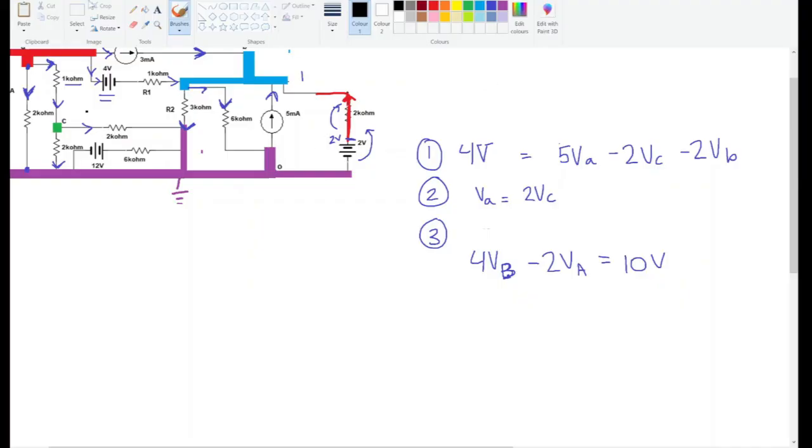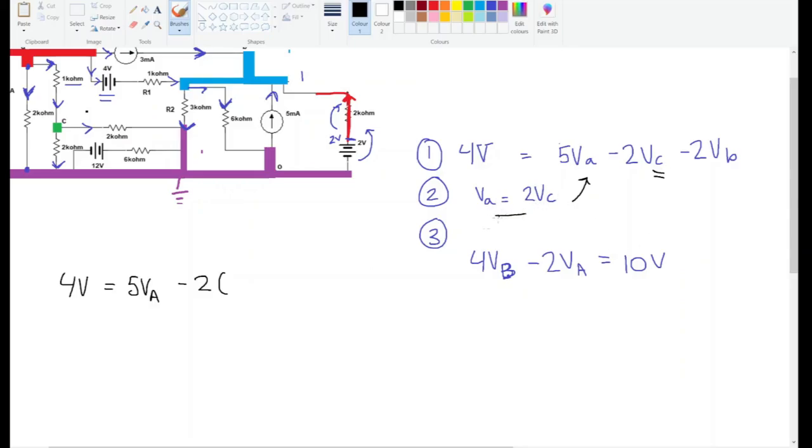So the first thing I would do here is substitute equation 2 into equation 1. That way you can get rid of the VC that's over here. So you have 4 volts is equal to 5 VA minus 2 VC.